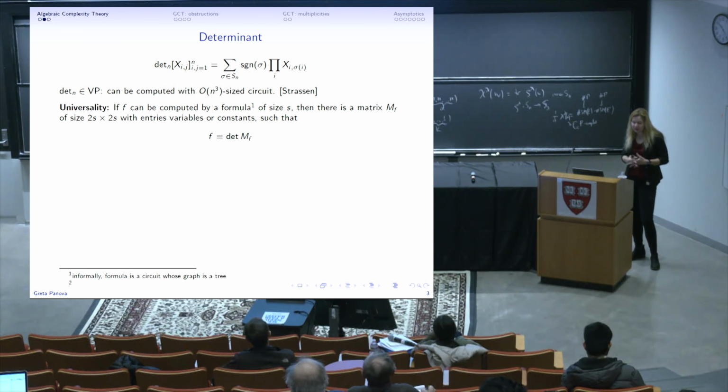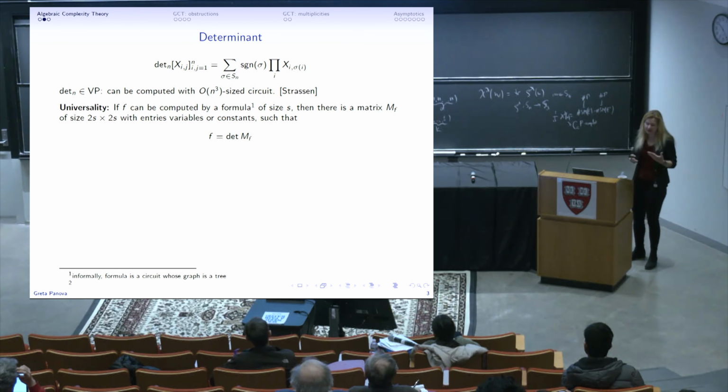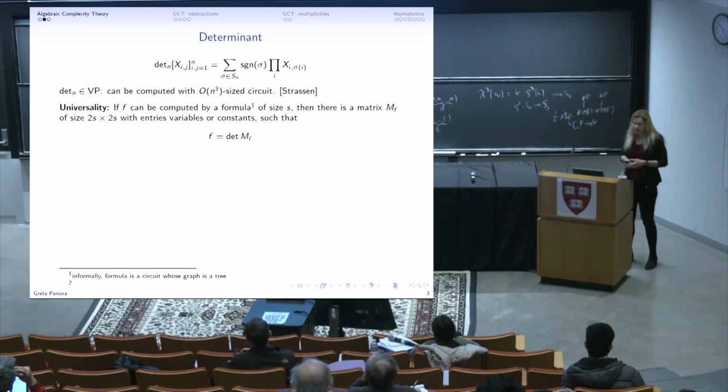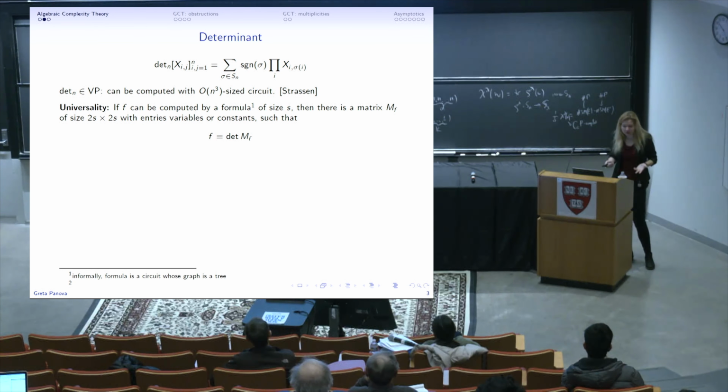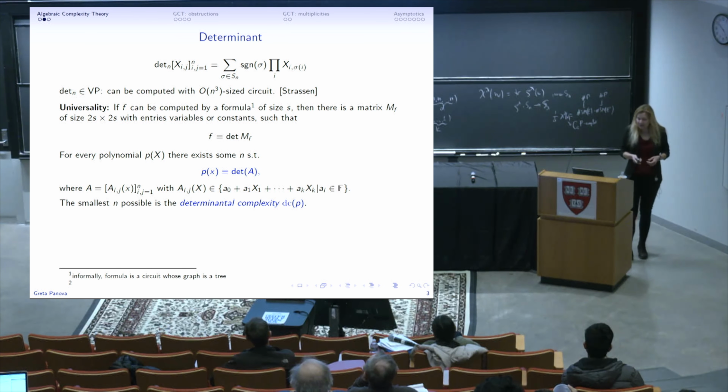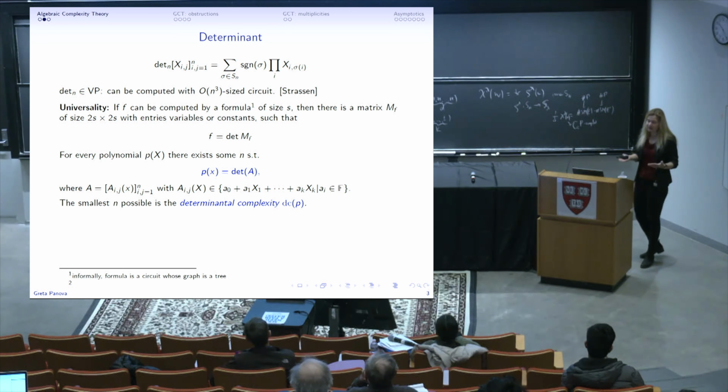There is going to be a matrix of size 2s by 2s, whose entries are either variables, single degree 1, so degree 1 polynomials, or constants, so that the polynomial is equal to this determinant. For every polynomial, of course, there is going to be some minimal sized matrix which computes it.